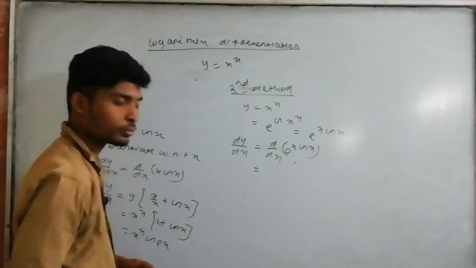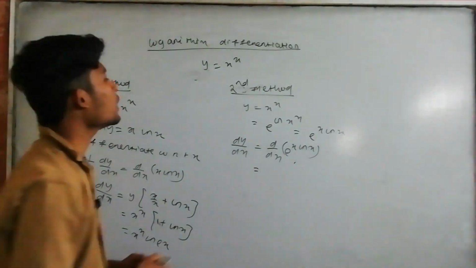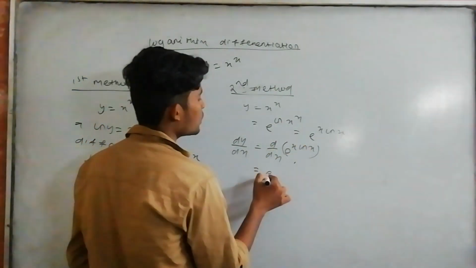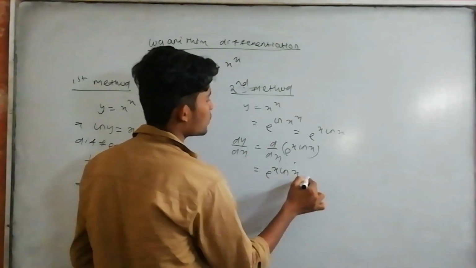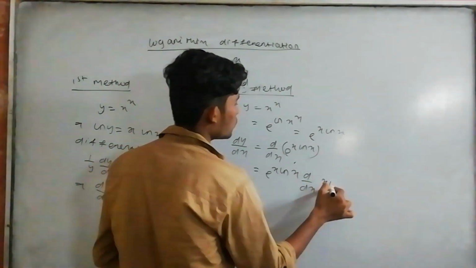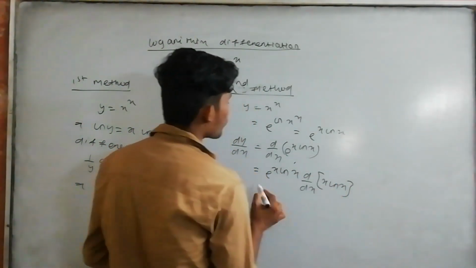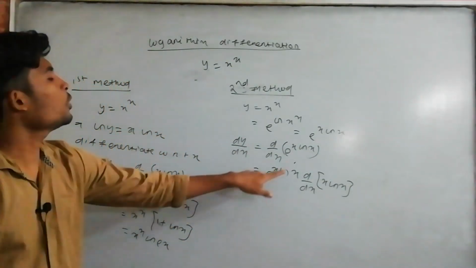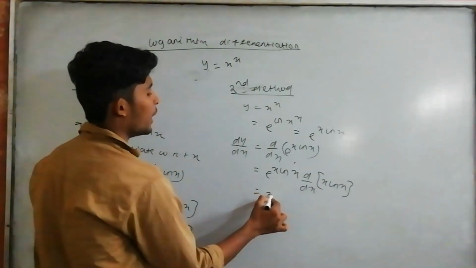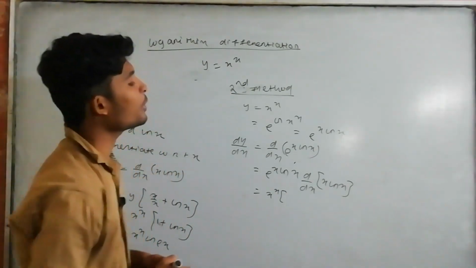So e to the power u times d by dx of x ln x, and e to the power u is x to the power x, times the derivative of x ln x.